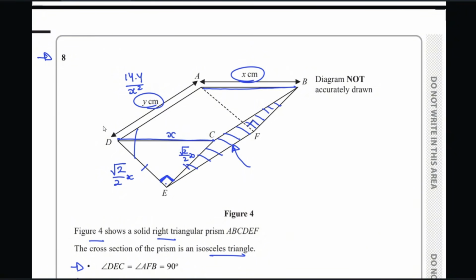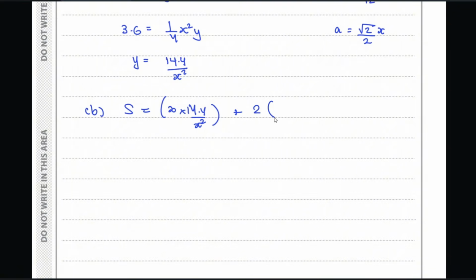So we have two such faces. The area of one of these faces is this length, which is root 2 over 2 x, times this length, which is 14.4 over x squared. So let's write that down. We have two such faces. So 2 times root 2 over 2 x times 14.4 over x squared.